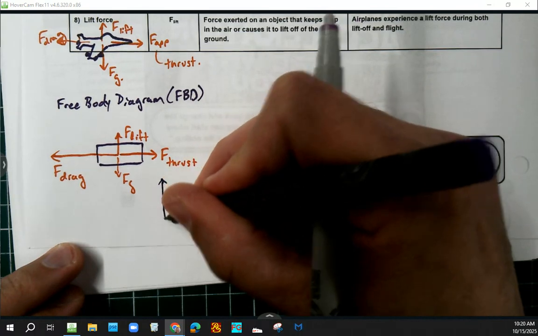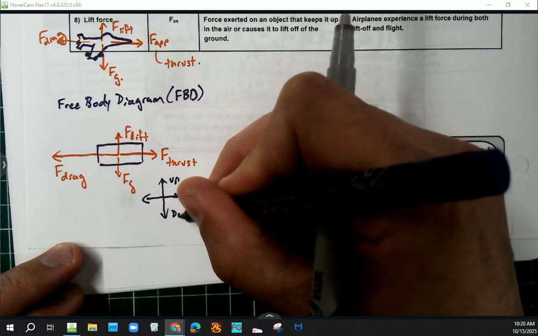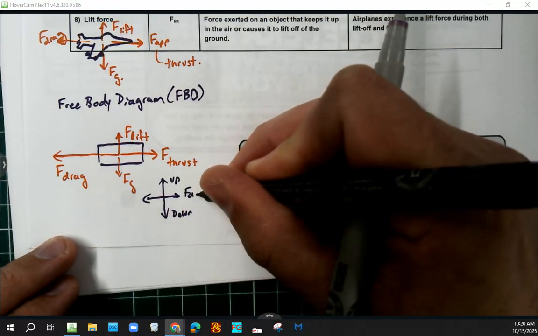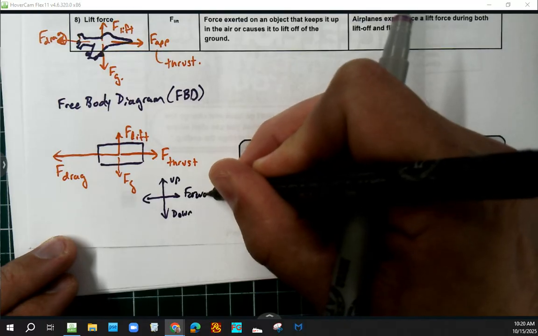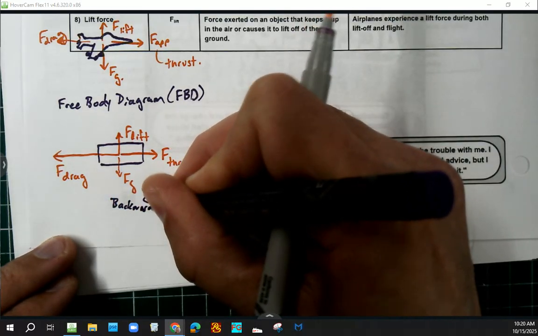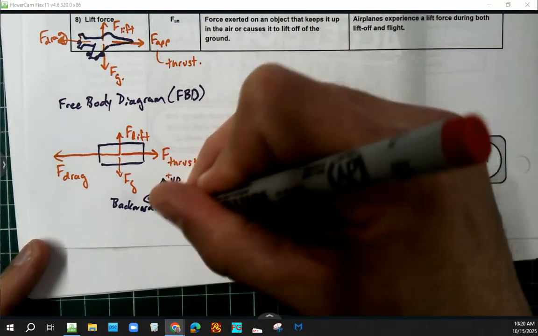Oh man, because these are vectors, I need a reference frame. Up, down, and I don't know, forward, backward, yeah. We always should give ourselves a reference frame, positive, negative.